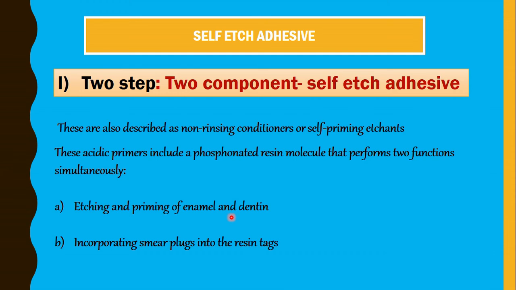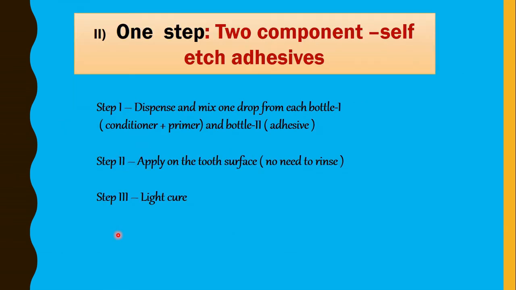Coming on to two-step, two component self-etch adhesive, these are also described as non-rinsing conditioners or self-priming etchants. These acidic primers include phosphonated resin molecules that perform two functions simultaneously: etching and priming of enamel and dentin, incorporating smear plaque into the resin tags.